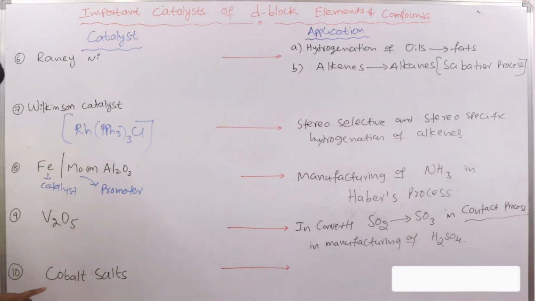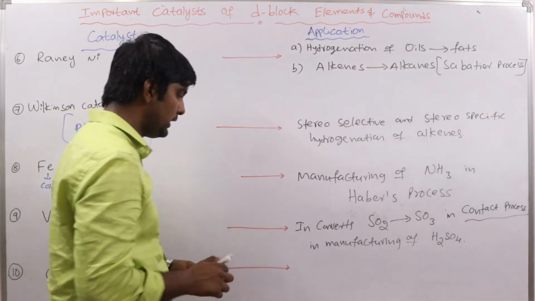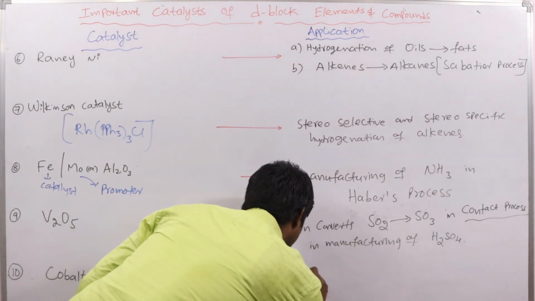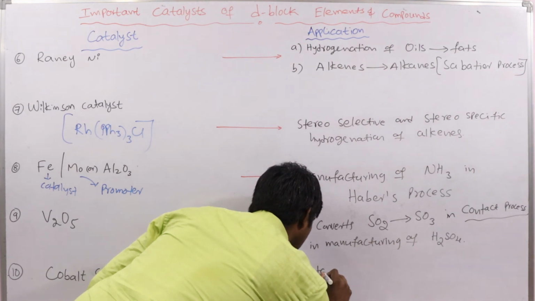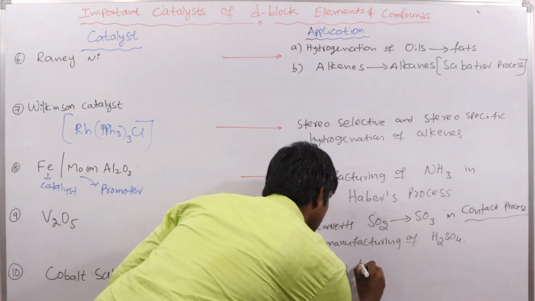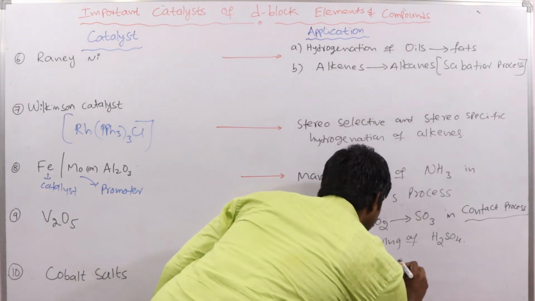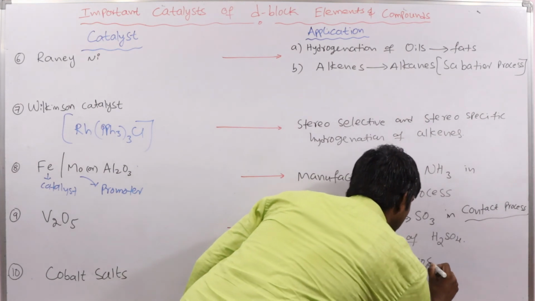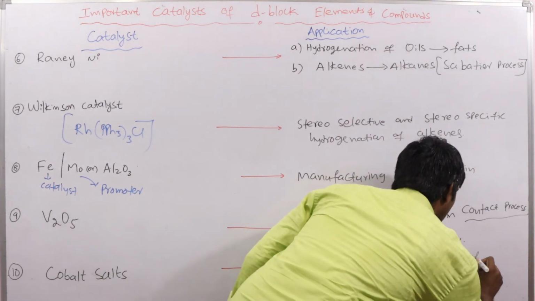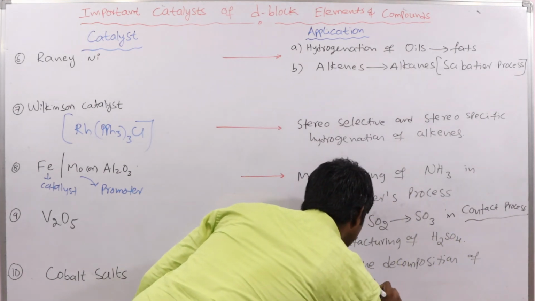Next, finally cobalt salts. Most of the cobalt salts catalyze the decomposition of bleaching powder.